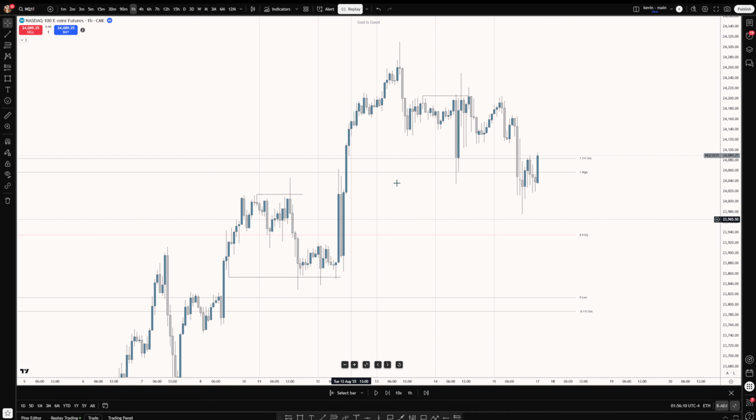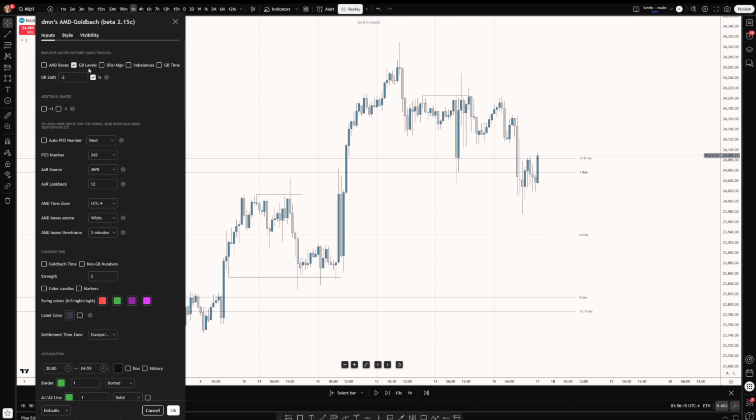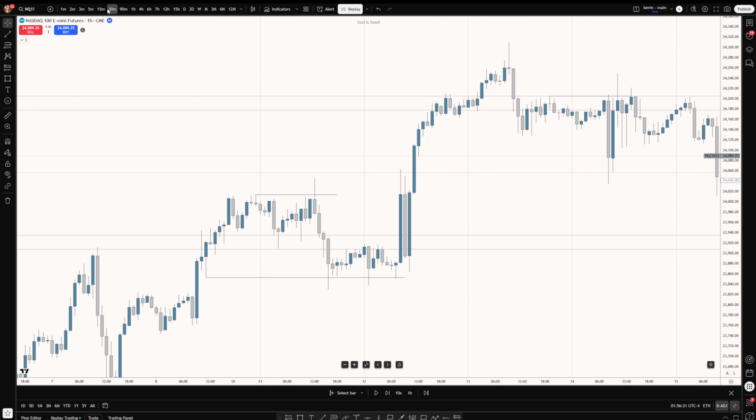And then as we expand up, we can shift the range up. So for this day, we shift the range up. Let's go on the 15.